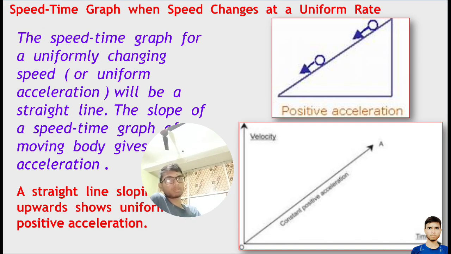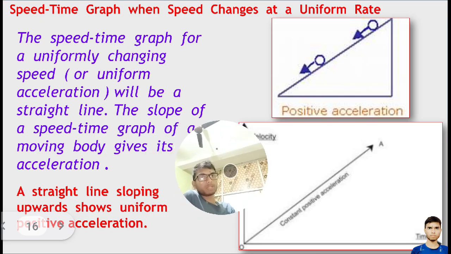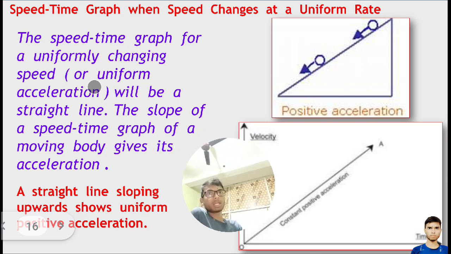Now next we have this. A speed time graph when the speed changes at a uniform rate. Gradually it will be increasing. Slowly the object will be increasing its speed. The speed time graph for uniformly changing speed, or uniform acceleration, will be a straight line.